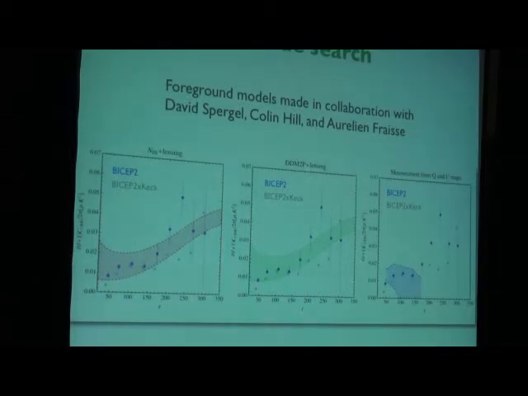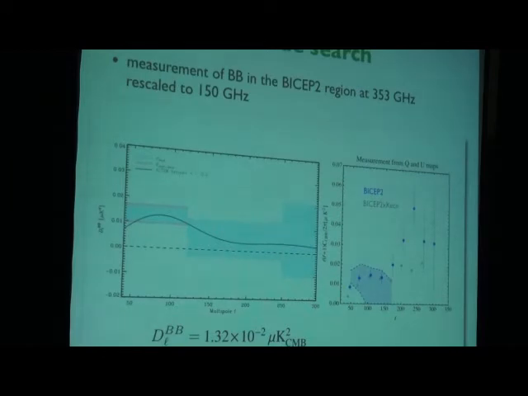In the end, I never made a likelihood because it seemed like it might all be dust. And the sad news, I guess, came eventually from the Planck collaboration, when they did a measurement in the BICEP2 region at 353 gigahertz and rescaled it, and it was consistent with the excess being all dust.